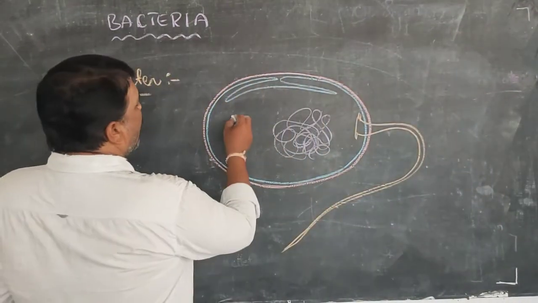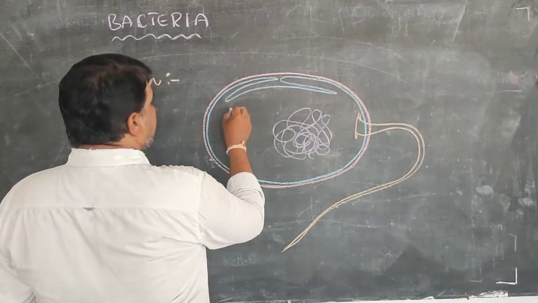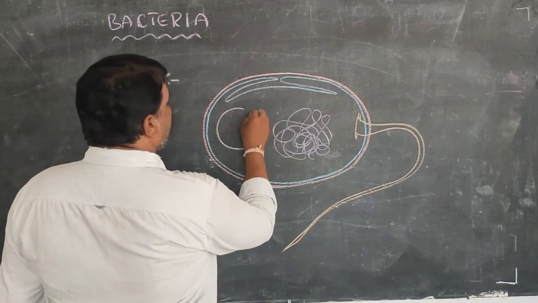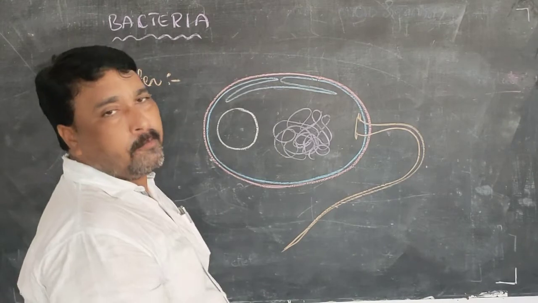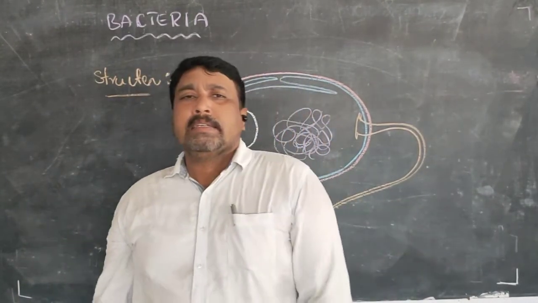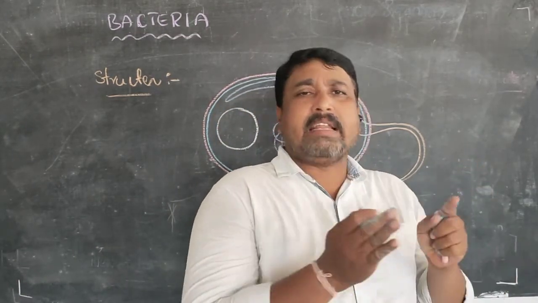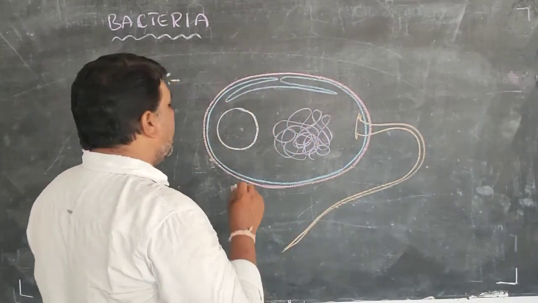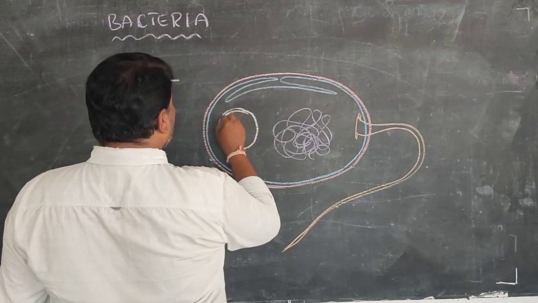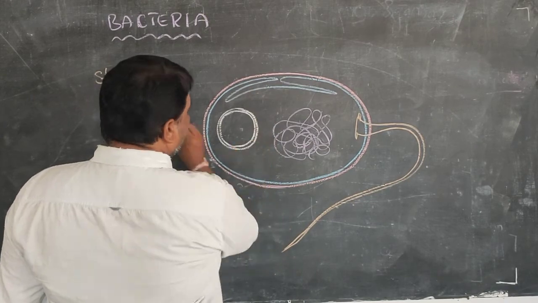Also, a double-stranded extra-chromosomal circular structure is called a plasmid. Some bacteria contain a plasmid.